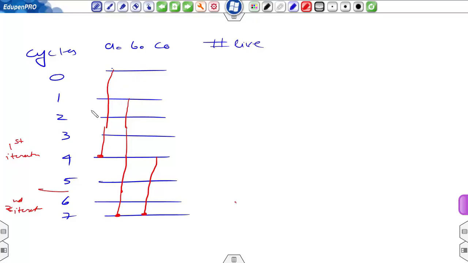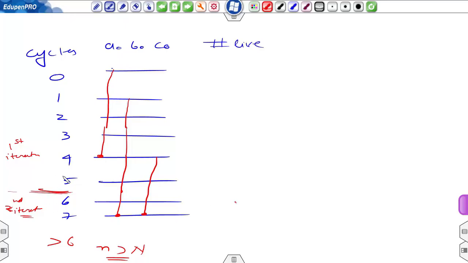I have drawn the life cycles corresponding to the variables a0, b0, c0, and this is iteration number 1, starting from 0 to 5. This is the second iteration. In this case, the number of cycles that we have considered is greater than 6. We have considered 8 cycles, so small n is greater than capital N. So the second iteration is automatically included.